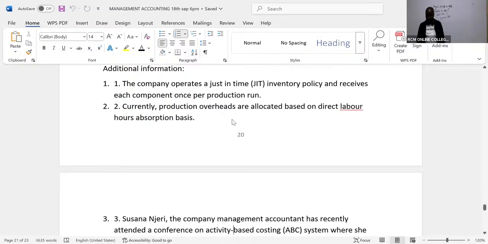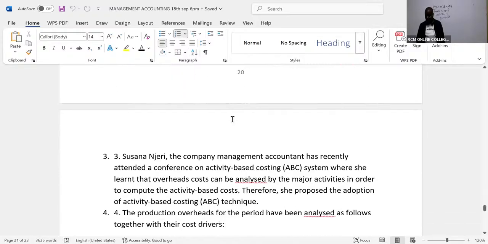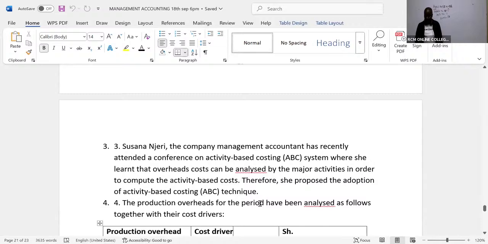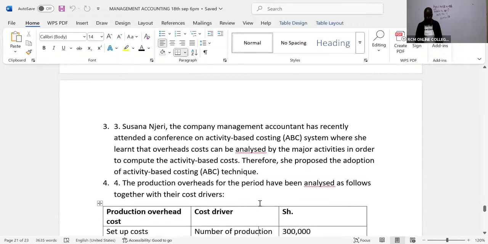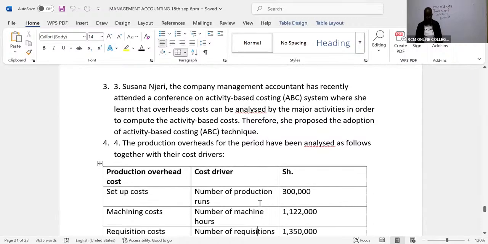3, Susan and Jerry, the company management accountant, has recently attended a conference on ABC, activity-based costing system, where she has learned that overheads can be analyzed by the major activities in order to compute the activity-based costing. Therefore, she proposed the adoption of ABC technique. The production overhead for the period has been analyzed as follows.